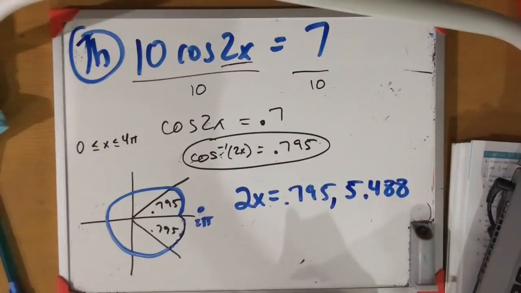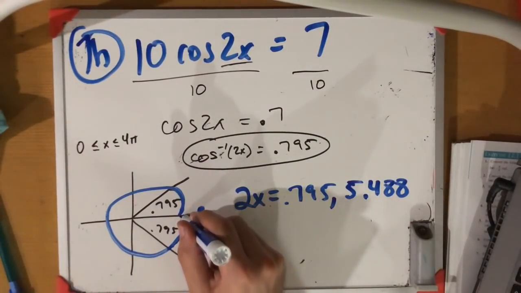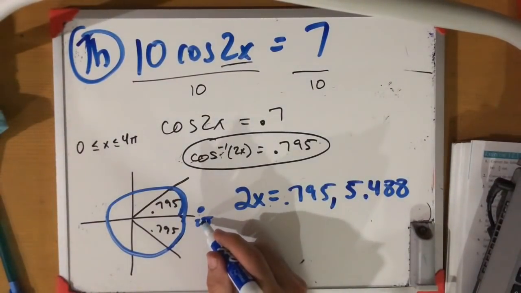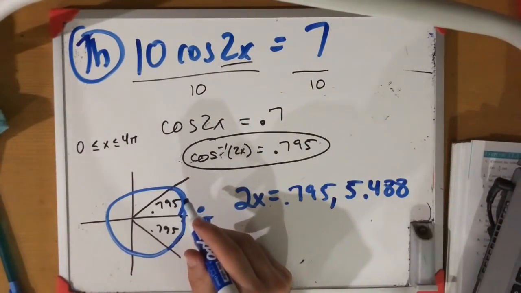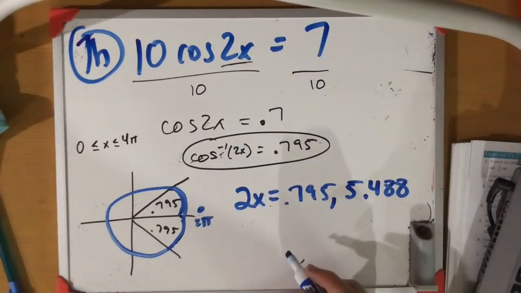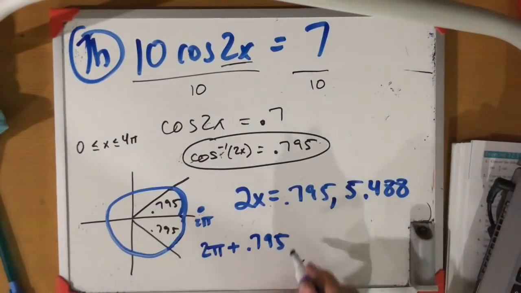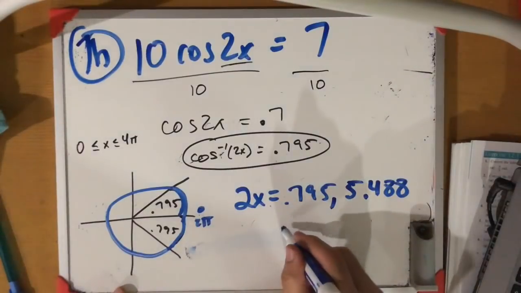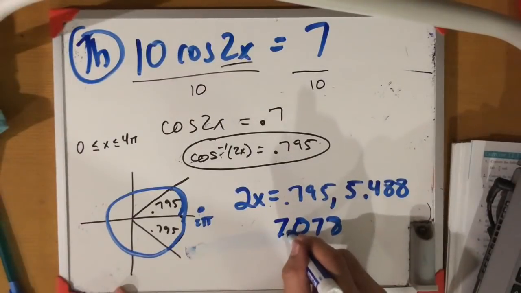5.488. And look, guys, we're going to go around this twice. 2x means we're going to go around it twice, so let's keep going around. I'm going to hit this once more. Well, 2 pi plus 0.795, again 360 plus that, in radians, all I did was 2 pi plus 0.795. This is equivalent to 7.078.